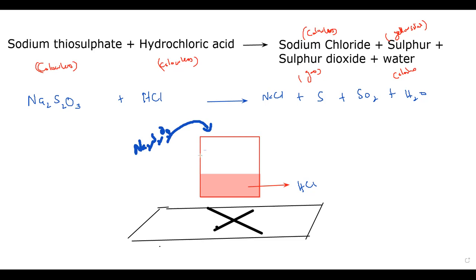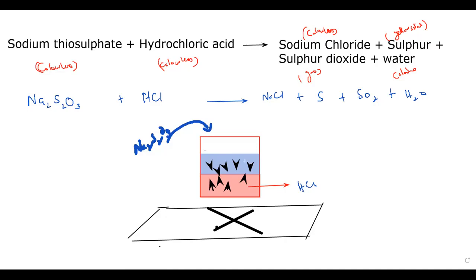I'm using different colors to explain the idea, but both are colorless solutions. When these solutions are mixed with each other, they start to react. The hydrochloric acid particles try to react with sodium thiosulfate. As they react with each other, what will they form? Sodium chloride will be there, a colorless solution.